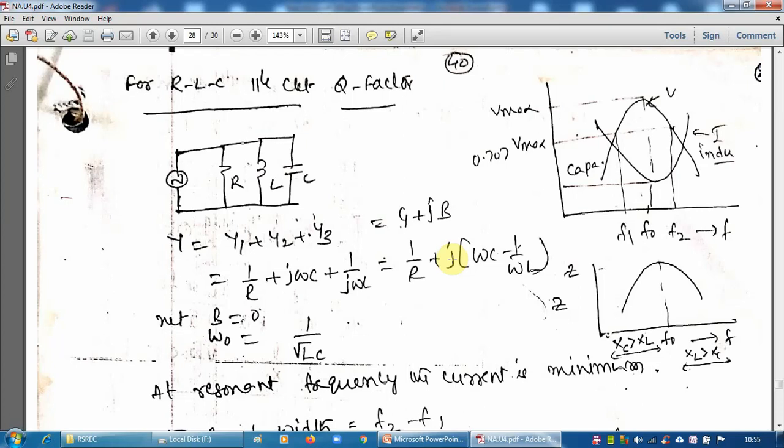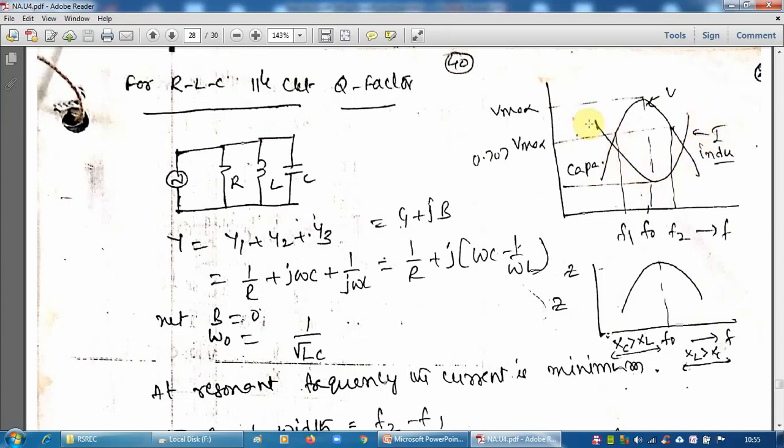So I equals V by Z is nothing but I equals VY, both are the same. So I equals VY means the variation of I is similar to that of Y, as both are directly proportional. We have seen that Y varies like this, so I also varies like this.